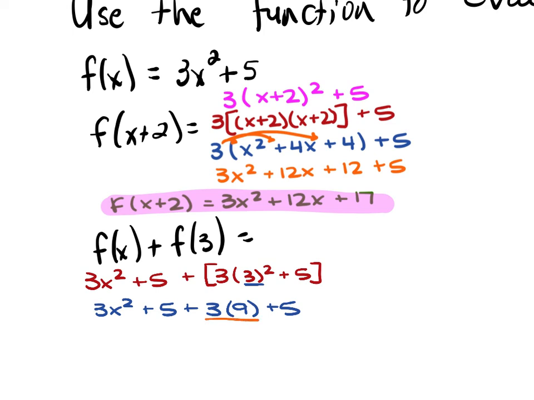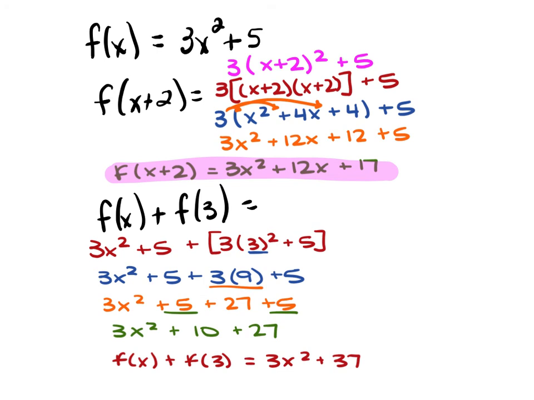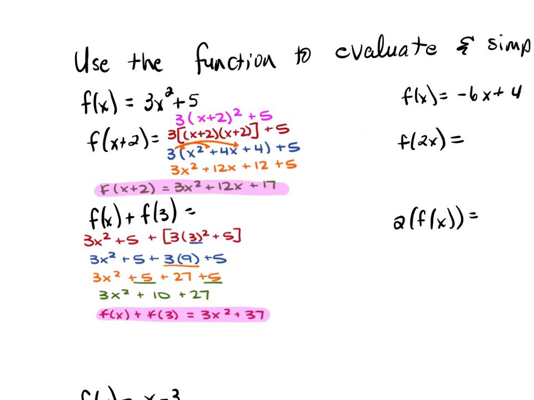The 3 times 9 gives us 27, so 3x squared plus 5 plus 27 plus 5. You know 5 plus 5 is 10, so this is the same thing as 3x squared plus 10 plus 27, which gives us f of x plus f of 3 is equal to 3x squared plus 37. So you'll see here whenever I write my answer, I make sure that I include that first part that I started with, that f of x plus f of 3 is equal to, before my solution.